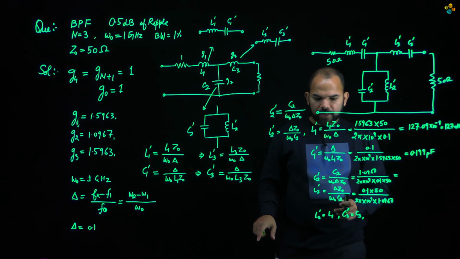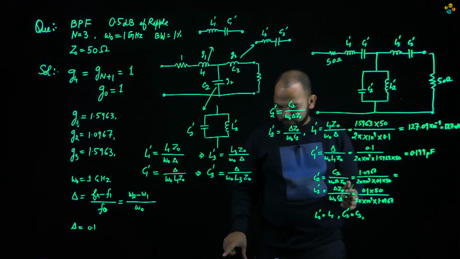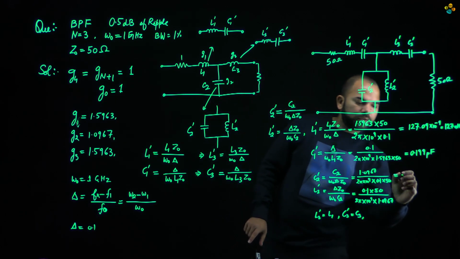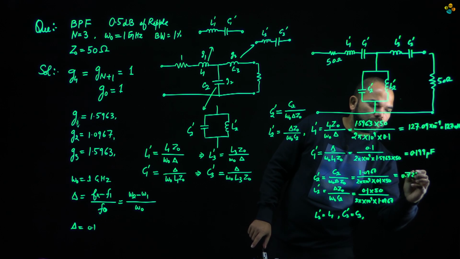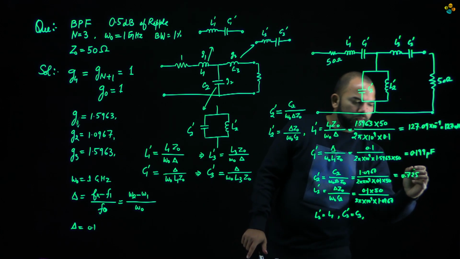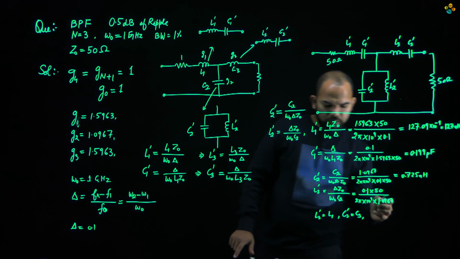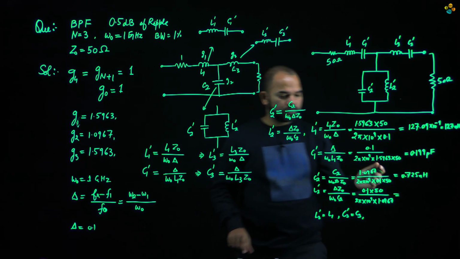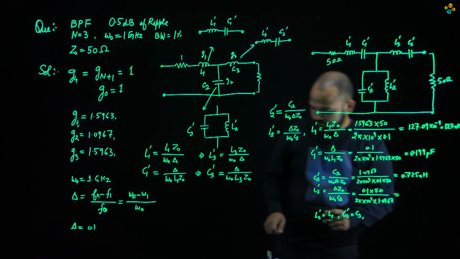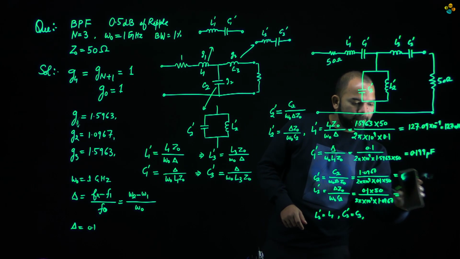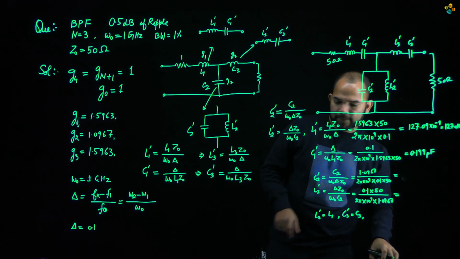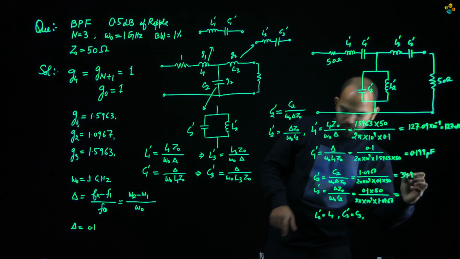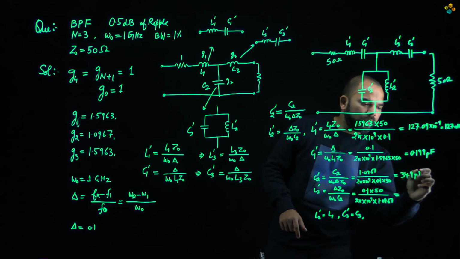So L2 dash is equal to 0.725 nanohenry, and C2 dash is equal to 34.9 picofarad.